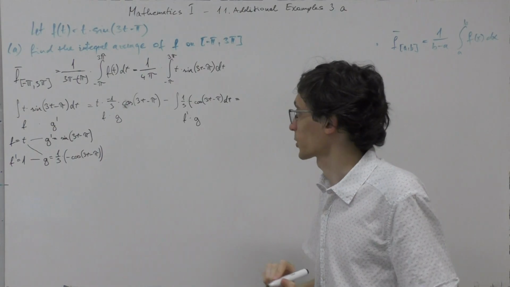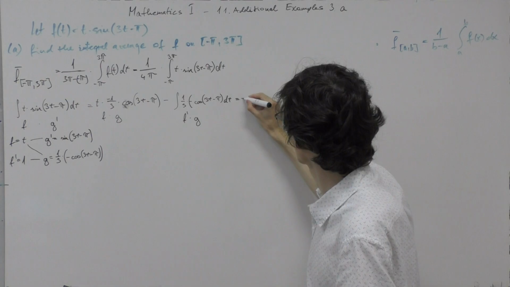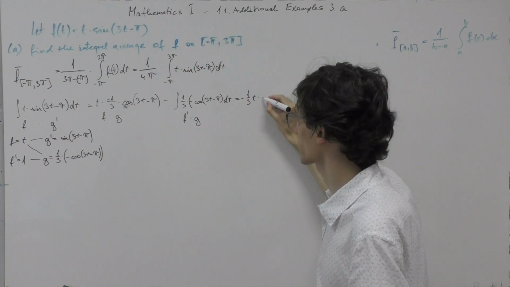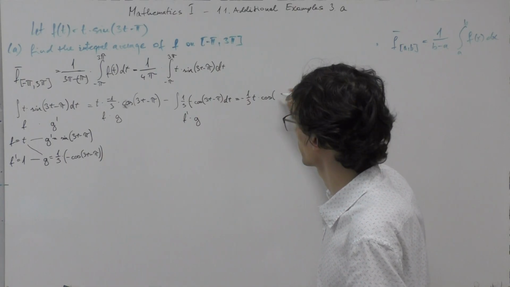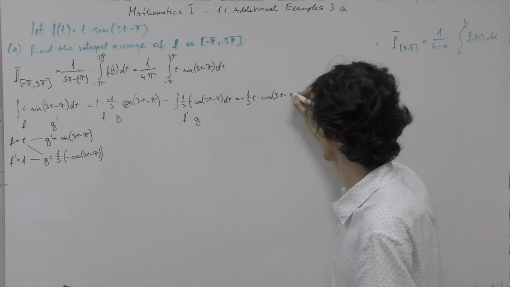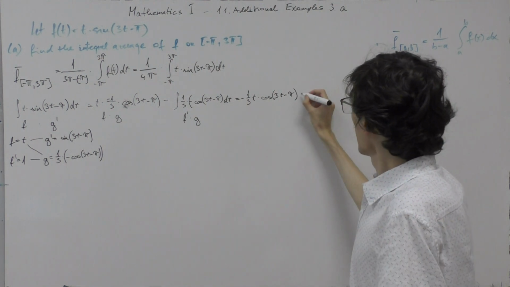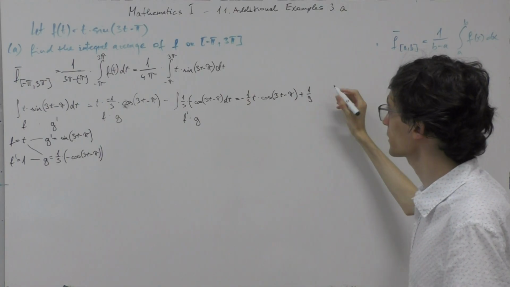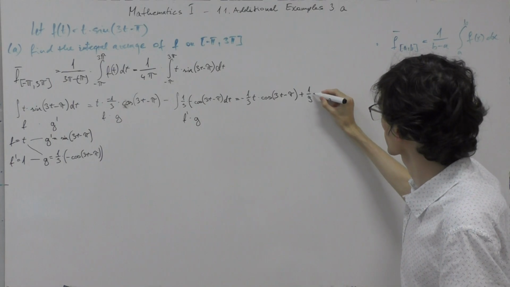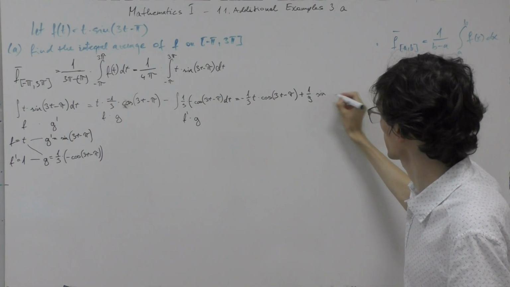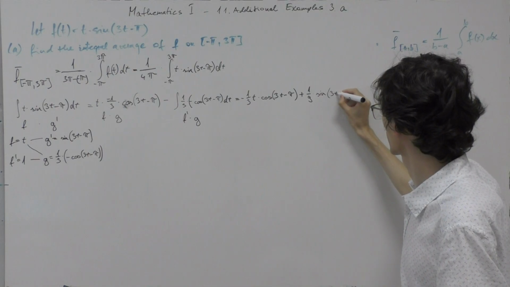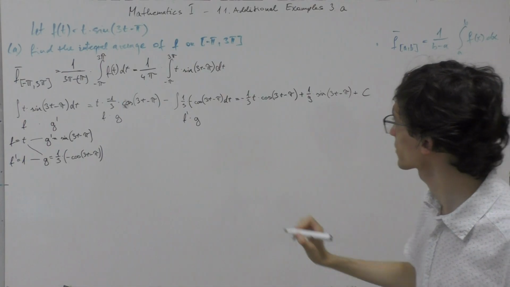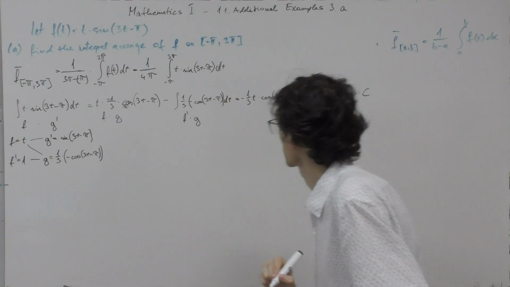And now this is just a simple integral, so we will have negative 1 over 3 times t times the cosine of 3t minus pi plus 1 over 9 times the sine of 3t minus pi plus some constant c, and I left out parentheses there.